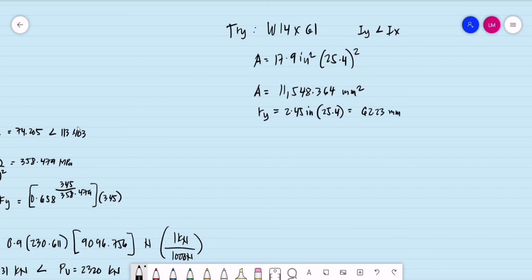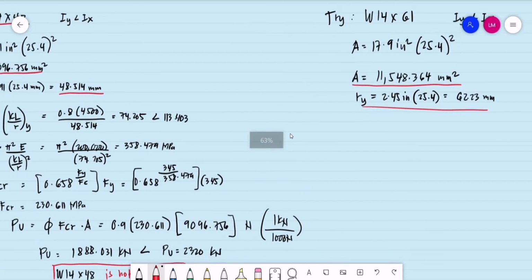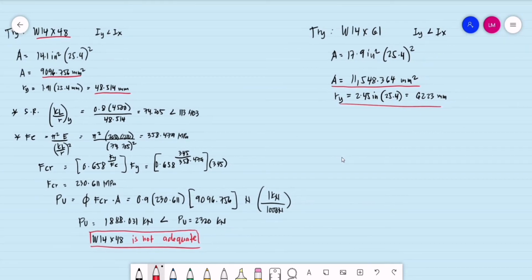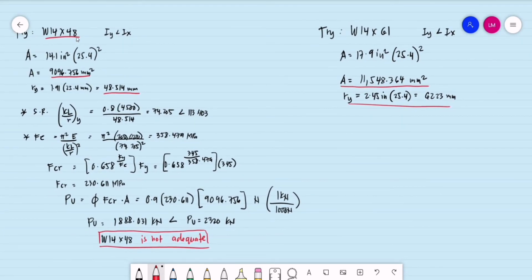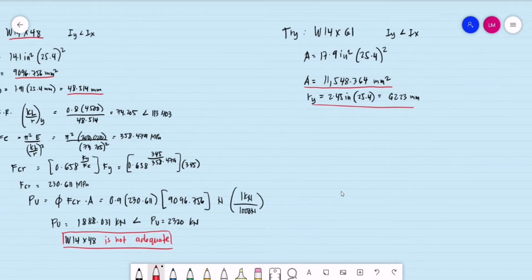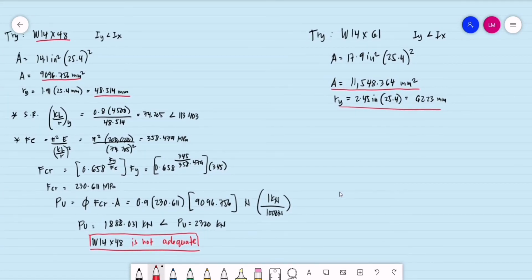So these are the properties of our new trial section, the W14 by 61. So we are just to repeat the process, same as the trial section W14 by 48. So let's have our slenderness ratio. For the slenderness ratio, this is KL.